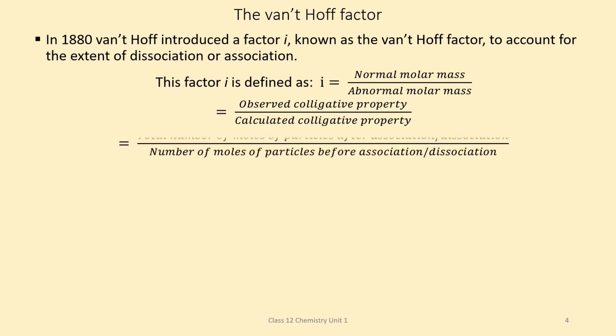And numerically it can also be written as total number of moles of particles after dissociation or association divided by number of moles of particles before dissociation or association respectively.